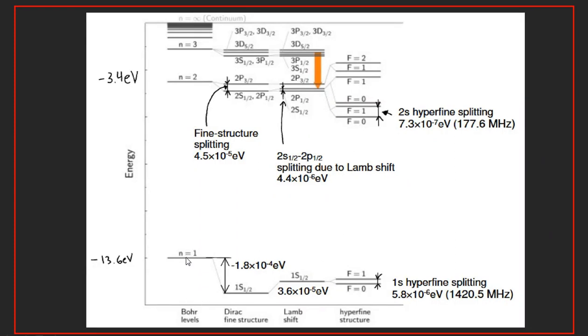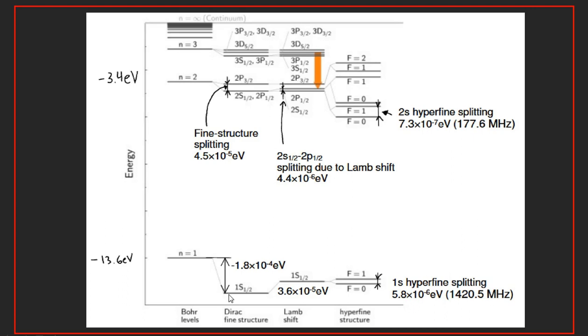The fine structure of the hydrogen atom is given here. The Bohr levels are n equal to 1, minus 13.6, n equal to 2, minus 3.4, then n equal to 3, n equal to 4, etc. Now if we consider fine structure, n equal to 1 means there will be only s, L equal to 0, therefore 1s1/2 has no splitting.